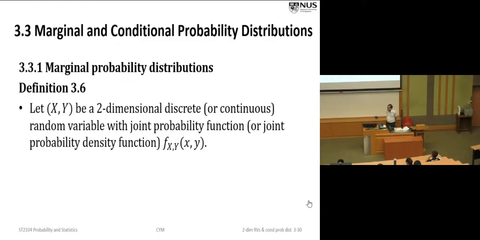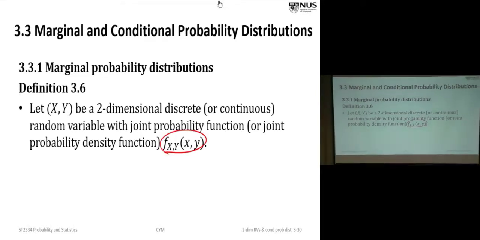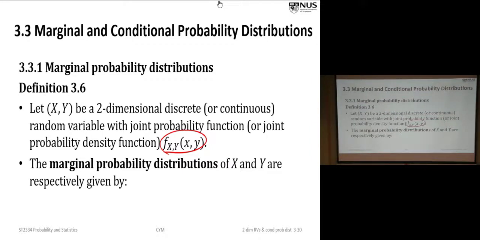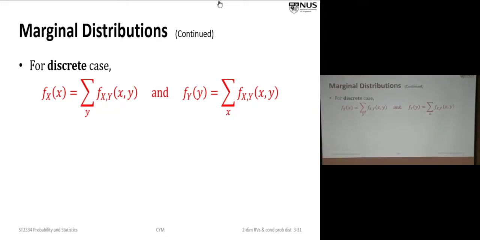Let's look at a two-dimensional variable, discrete or continuous, it doesn't matter. With the joint PDF or joint probability function being f of x, y, the marginal distribution, for the discrete case, is either a marginal distribution of x or a marginal distribution of y.